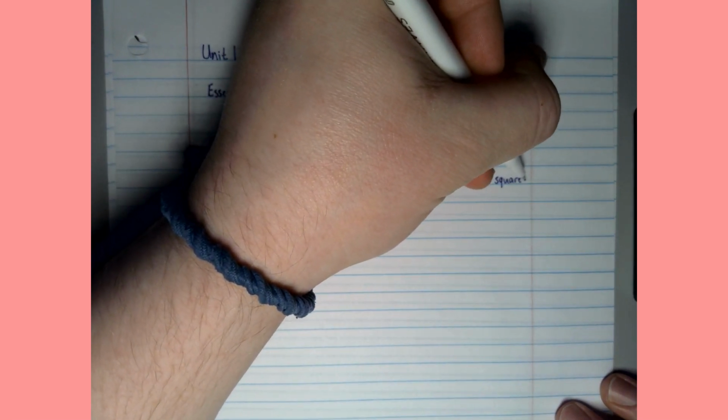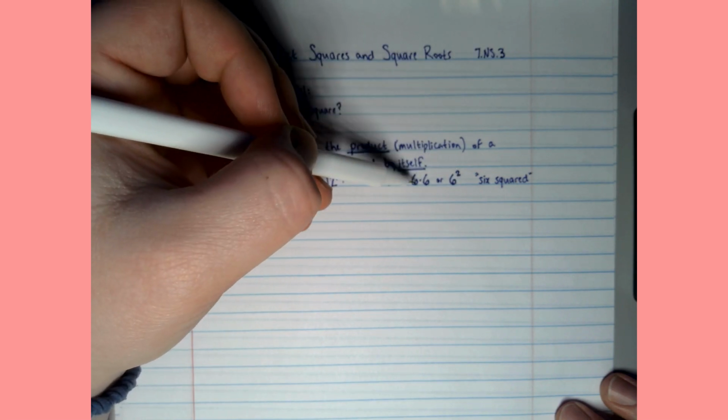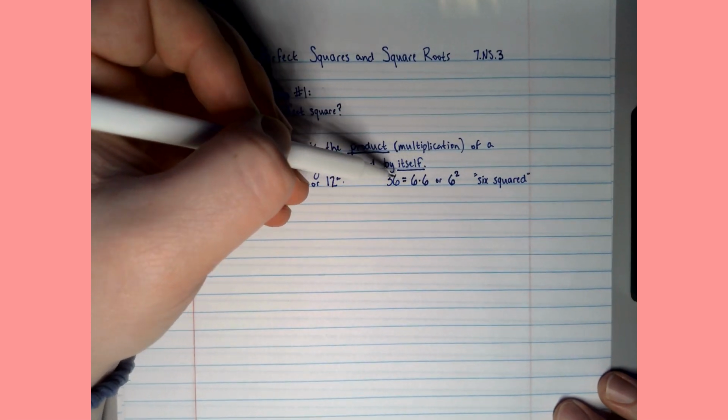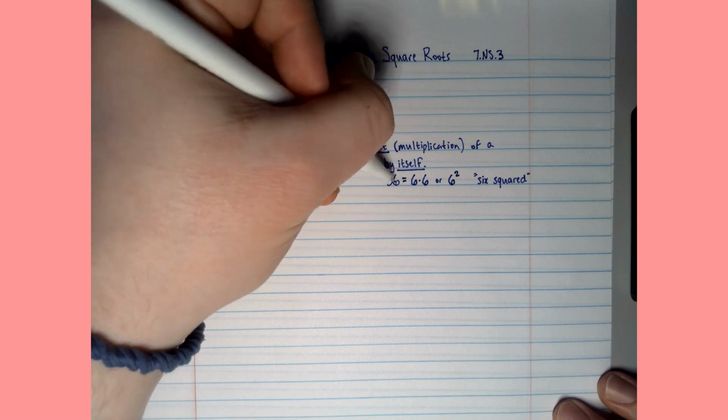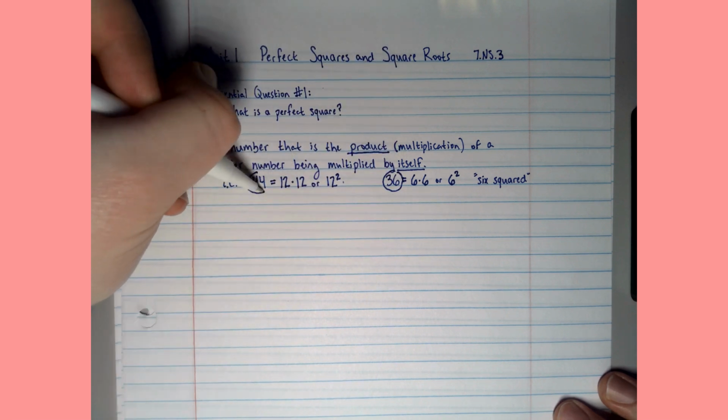We read this as 6 squared. So 6 squared, which is 6 times 6, equals 36. And 36 is a perfect square, as is 144.